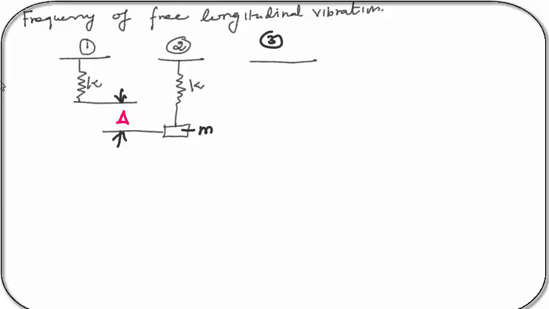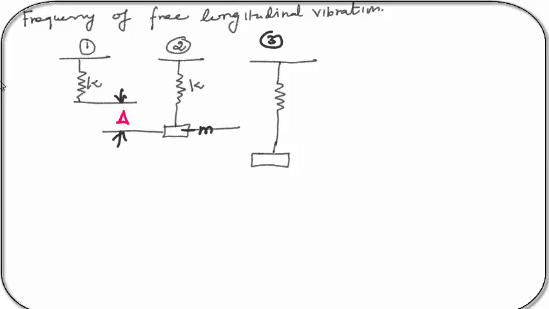That is longitudinal vibration. I'm just going to move the mass in the downwards direction to induce the vibration on the system. The spring has displaced even further from this position. Here we can take this position as the equilibrium position.